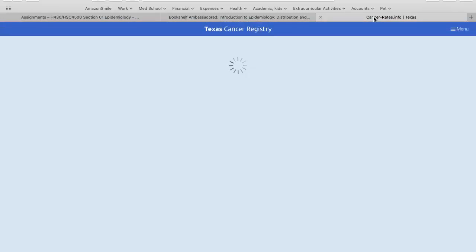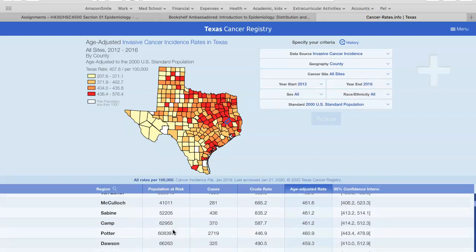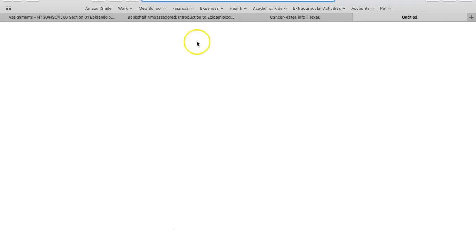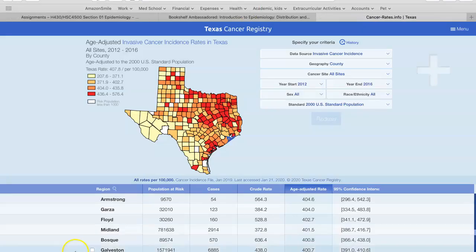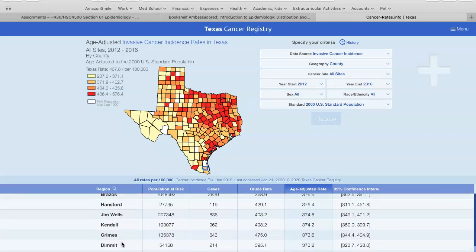So basically the table that's there in your assignment is a small clip from this much larger table. Those counties come from Texas. And if we go down here, that first county was Harris County.